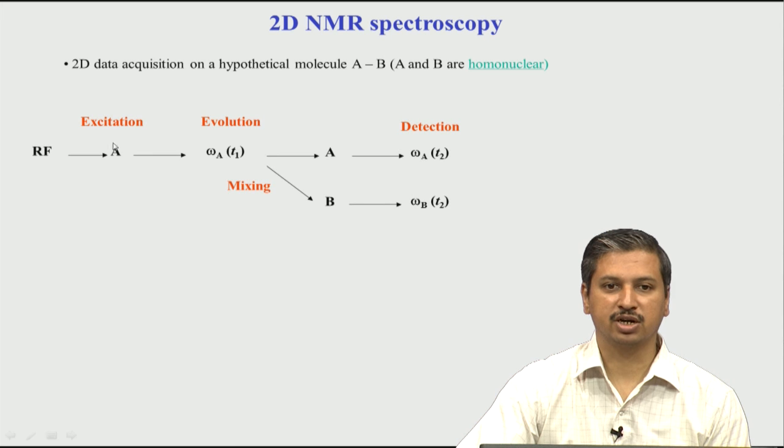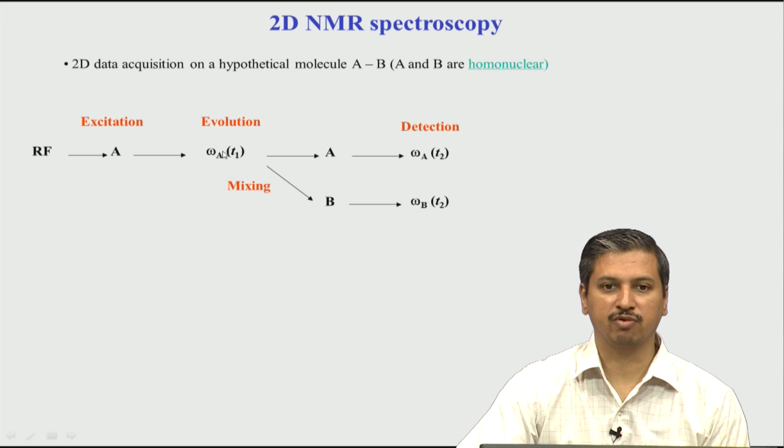So, let us consider spin A. We have excited A, it evolves by its chemical shift during T1. Now, the second pulse is called a mixing pulse. Why is it mixing? Because it has now excited B, but during the evolution it has transferred the magnetization to B. That process of starting from A, transferring it to B and then exciting B, we call mixing.